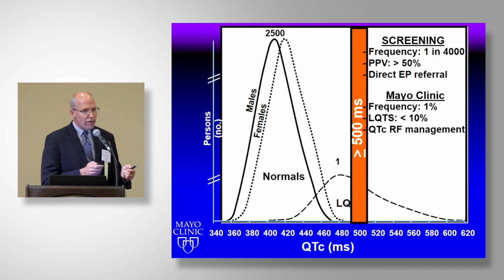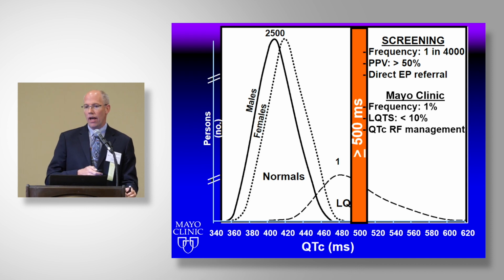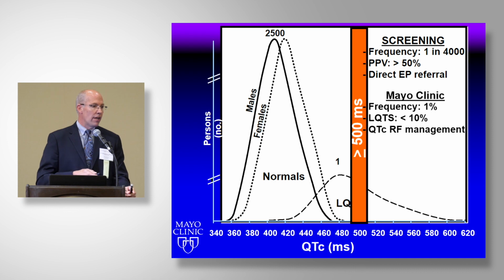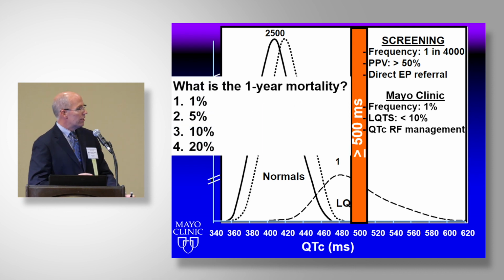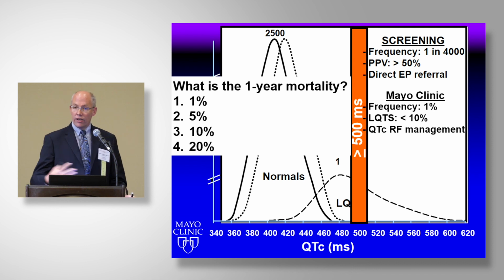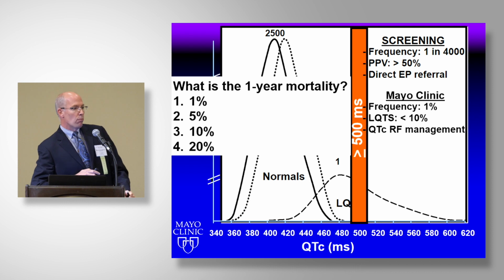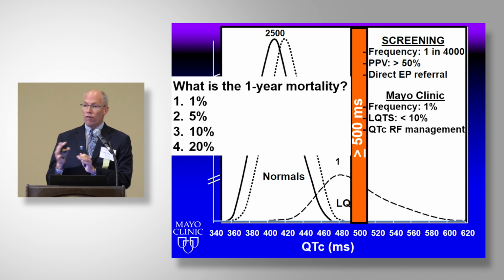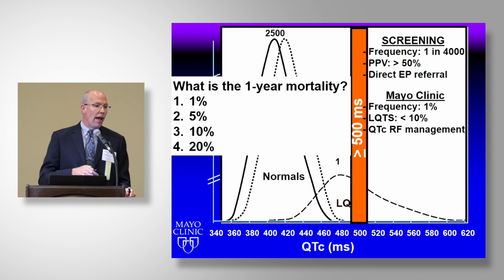So you would never see a QTc of 500 in any of Dr. Sanjay's athletes. So you shift over once you get disease. So in that setting, in a tertiary medical center, what do you think is the one-year mortality if I'm over 500 and I do not have congenital long QT syndrome?